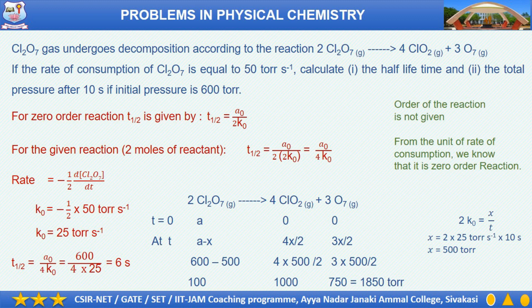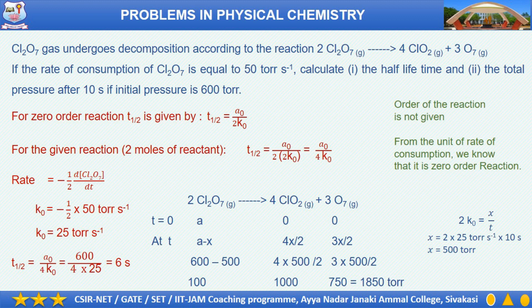Therefore, 2 into k naught, what is the value of k naught? It is 25 torr per second. In the time 10, 2 into 25 into 10 is equal to X. Multiply it, you will get X is equal to 500 torr. Initially, how much torr is present? 600.